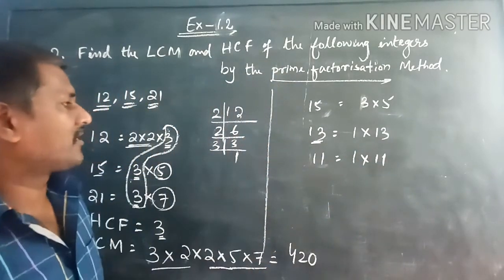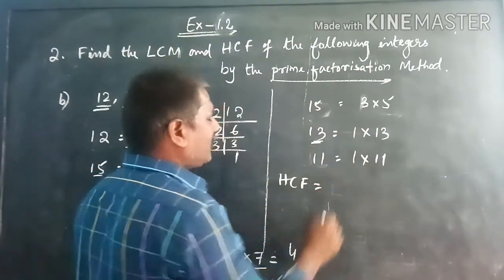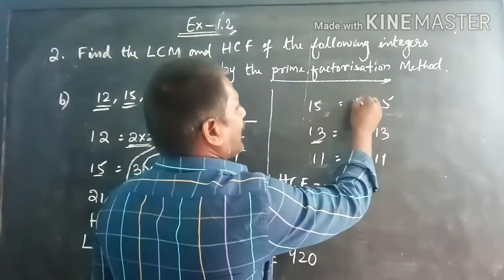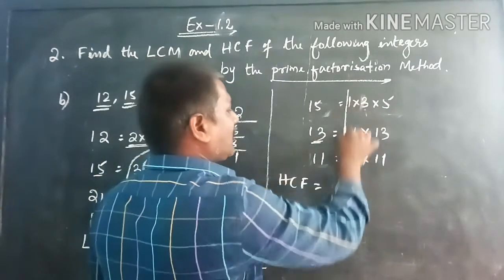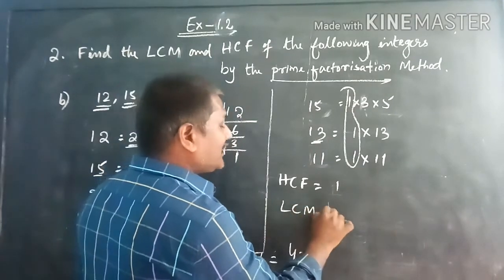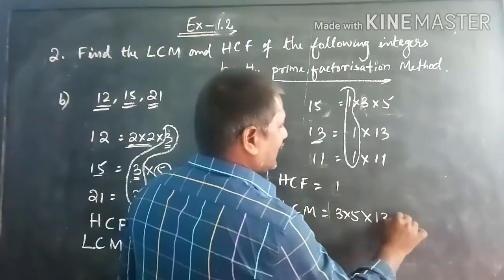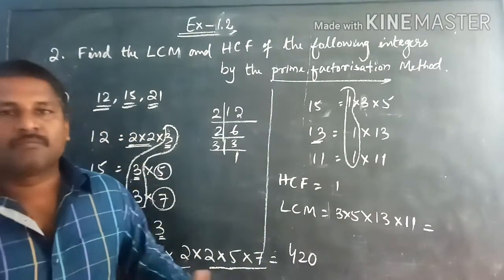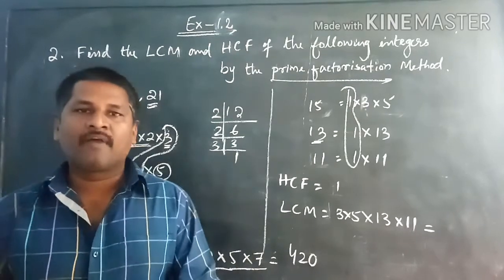Now what is the common factor of 15, 13 and 11? There is no common factor, which means you write 1, because 1 is the common factor of all numbers. So the HCF is 1. The LCM of these numbers is 3 into 5 into 13 into 11. The product of all these numbers is the LCM. Similarly, you can find the LCM and HCF of any given numbers.